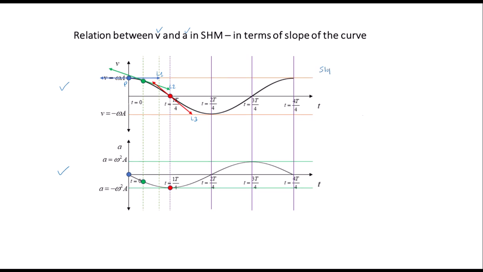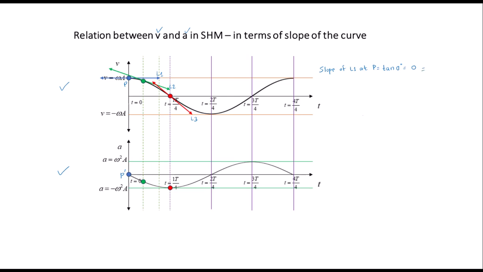So the slope of the tangent L1 at the point P will be equal to tan of the angle this line makes with the horizontal axis or x-axis, which is 0 degree. So this will be tan 0 degree, which in turn will be 0. Now, if we see the corresponding point P dash in blue on the AT graph, at P dash we have the acceleration, which is actually observed to be 0.